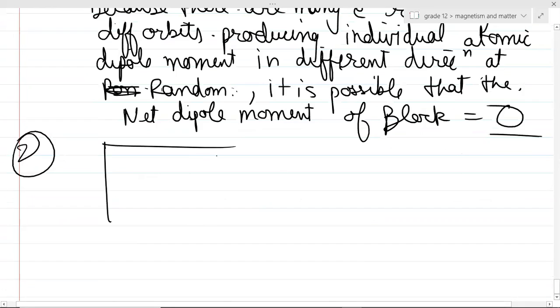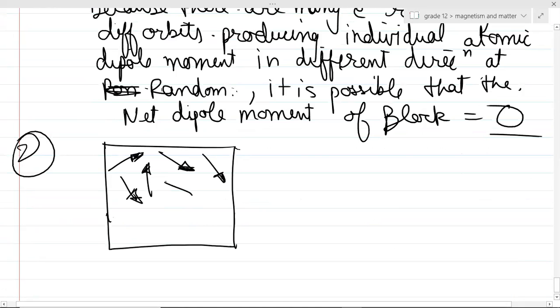The second theory says that if I have any material, and I consider that individually the dipoles are there, and these dipoles are arranged in random directions. So what was the difference between the first case and the second case?